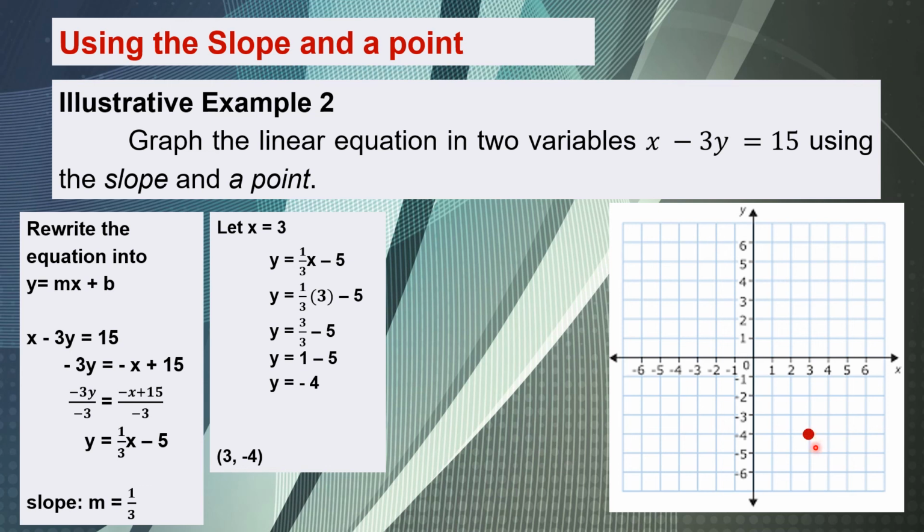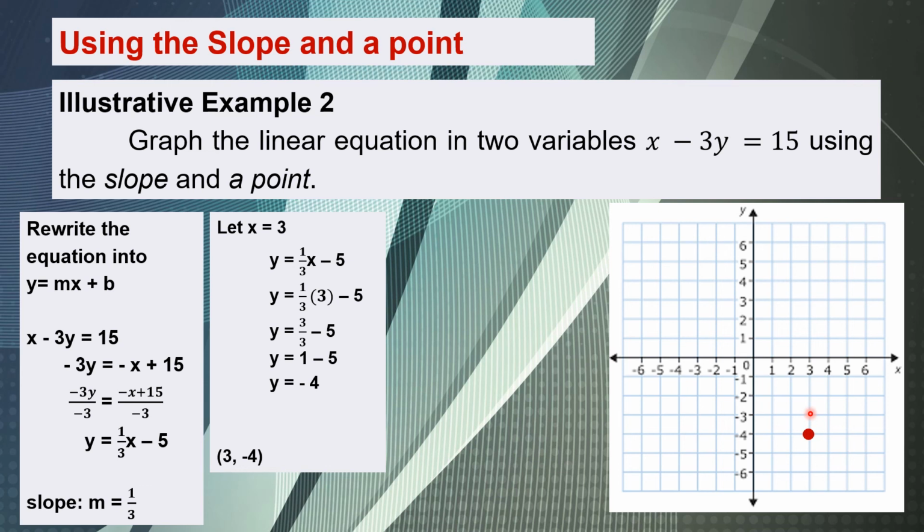Okay. So, from this point, pwede na nating makuha yung isa pang point sa pamamagitan ng paggamit ng ating slope na 1/3. 1 now is our rise and 3 now is our run. So, yung rise natin is 1. So, magbilang lang tayo ng 1 unit upward kasi positive yung 1. So, from this point, we have 1.